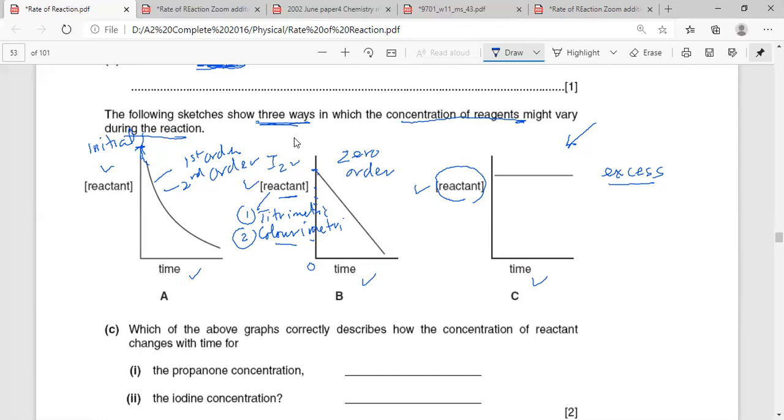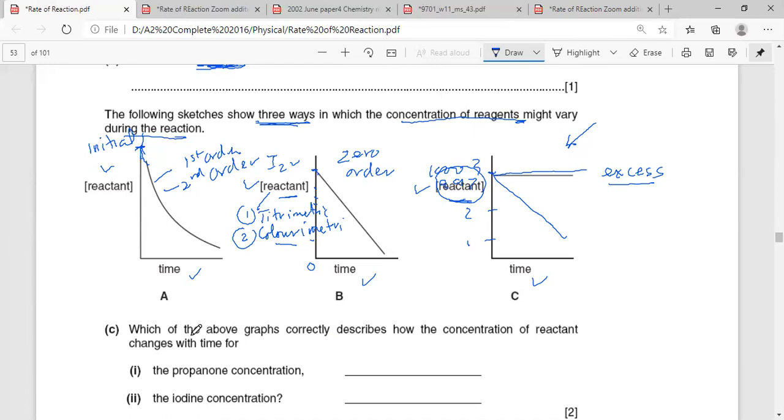For the ladies, it'll be 3 here, 2 here, 1 here, and then zero. For the men it is 1,000 here and 997 here. It's almost a horizontal line. So if it's a horizontal line, that means that reagent is in excess. It doesn't tell you anything.